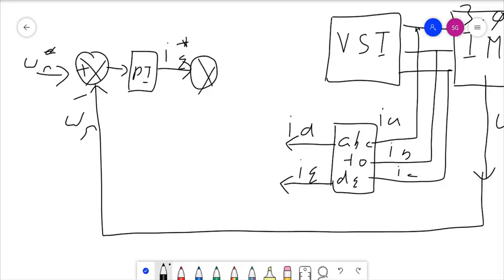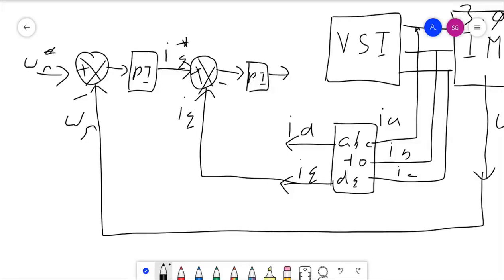When this IQ reference current is compared with your measured current, and after conditioning by this PI, we will get your VQ.